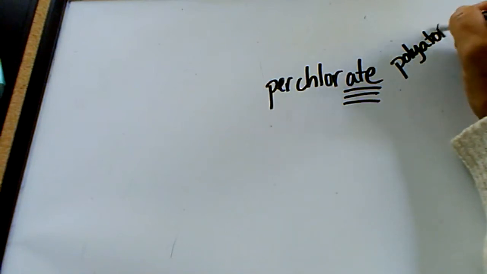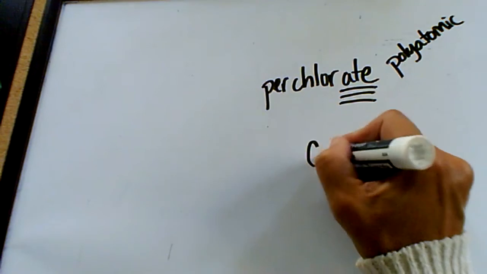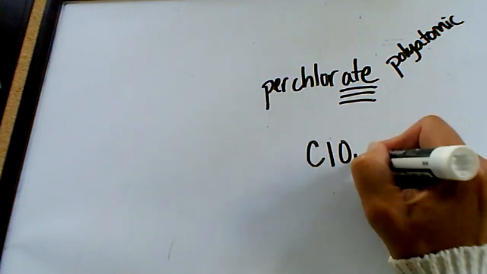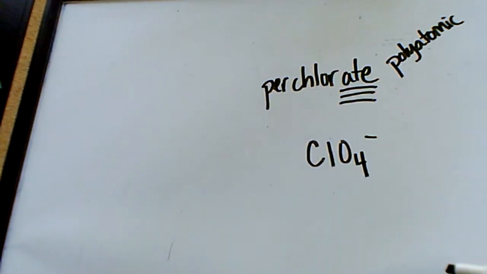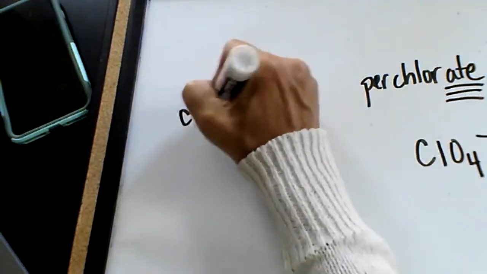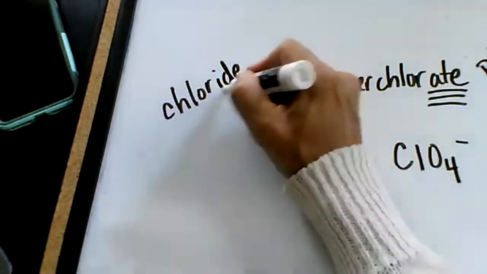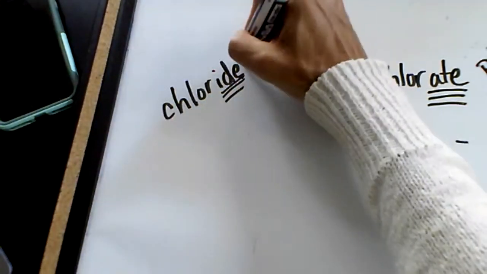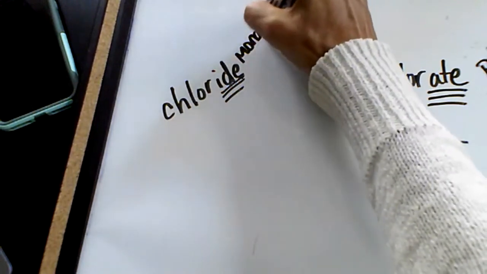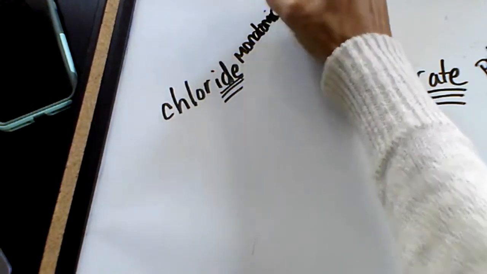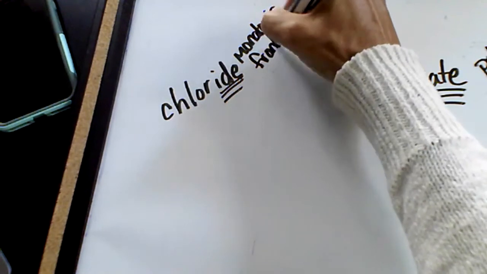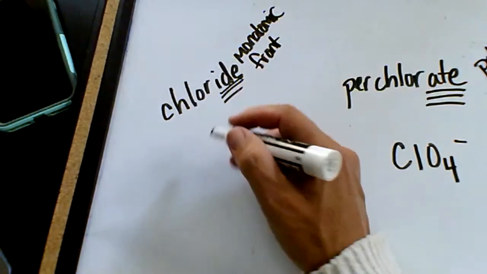I look on my chart, and I see ClO4 with a negative charge. I could also see chloride. Well, that "ide" tells me that this is monatomic. So I need to use the front. This is a single element with a charge.